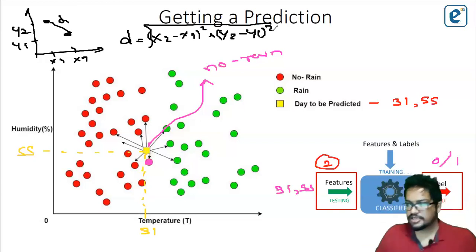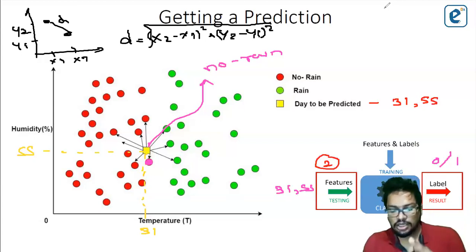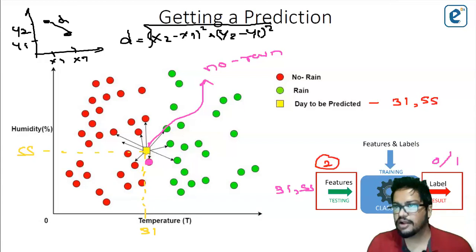So that's how machine learning algorithms work. This is one of the machine learning algorithms called k nearest neighbor. We have a lot of other algorithms like support vector machine, logistic regression, decision tree classifiers. We have a lot, but this is how the k nearest neighbor algorithm works.